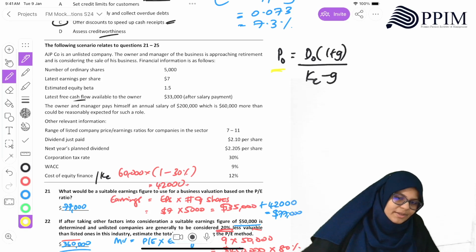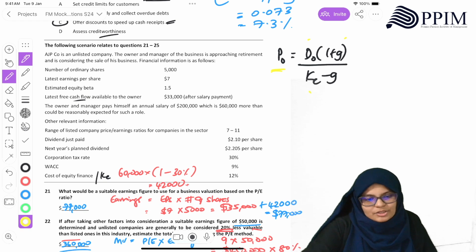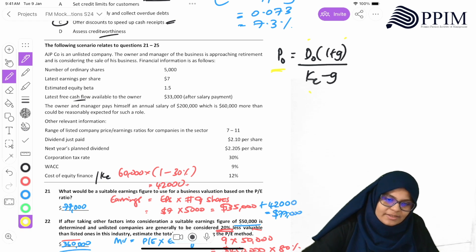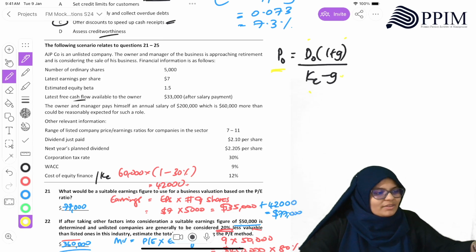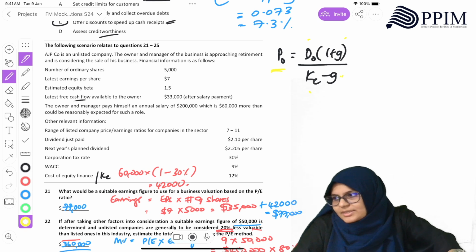This is what you have to find. So if you have dividends and growth and Ke, it should be relatively straightforward. I think everything is there except for growth. Growth, you have to decide whether you are going to use Gordon's growth model or extrapolating past dividends.